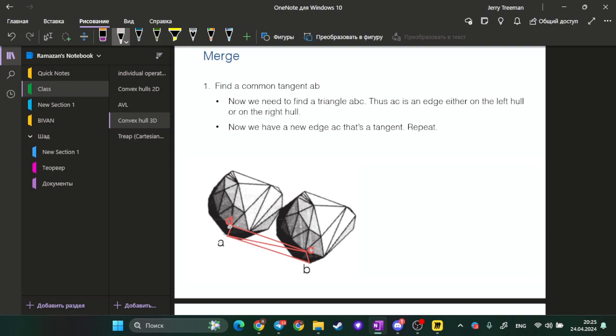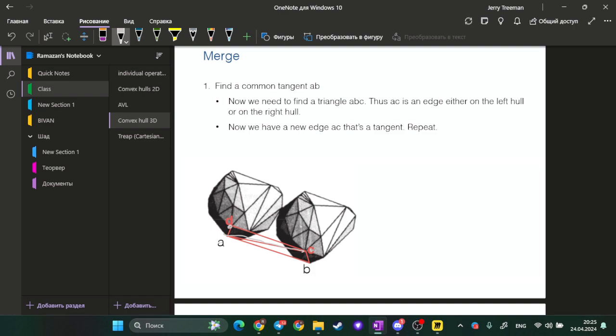Okay, we have some edge, then we do what? Then we need to find the smallest angle between all of these faces. How to do it? Do you have some ideas? I don't have one in O(1) complexity.